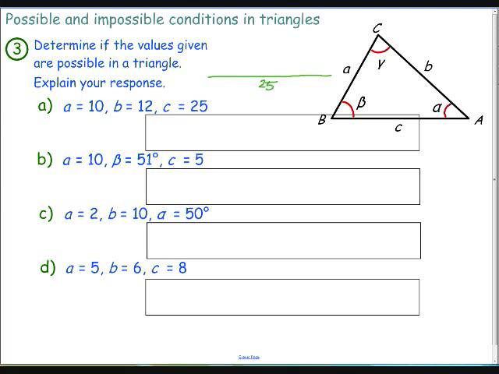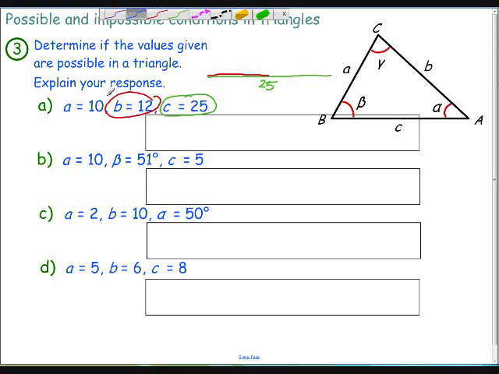Let me change colors. And then I've got, okay, so here's my C. Now I'll do B, which is 12. 12 would be almost halfway, wouldn't it? Almost halfway.